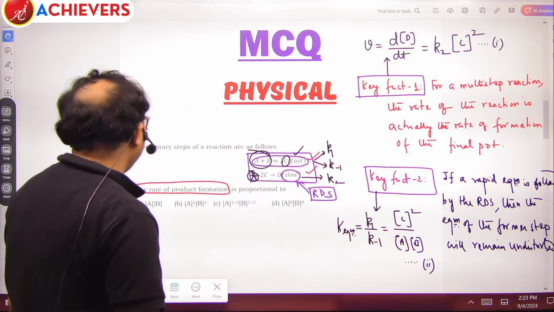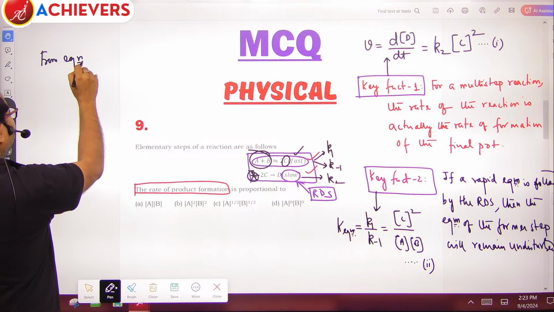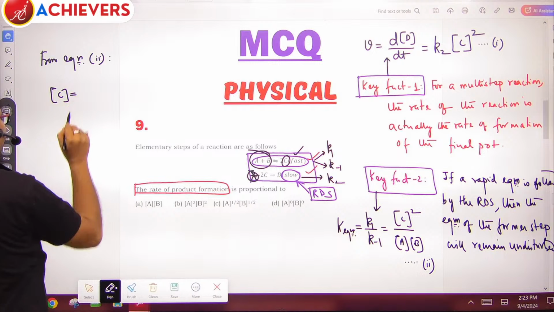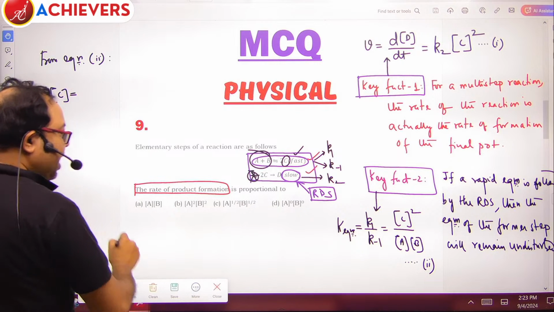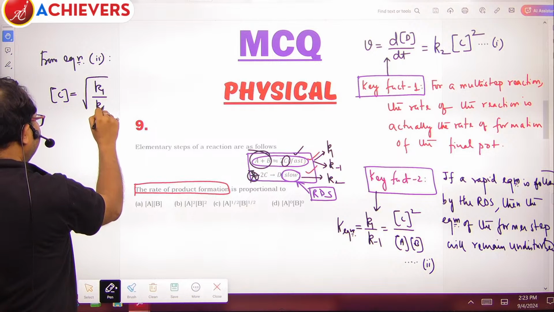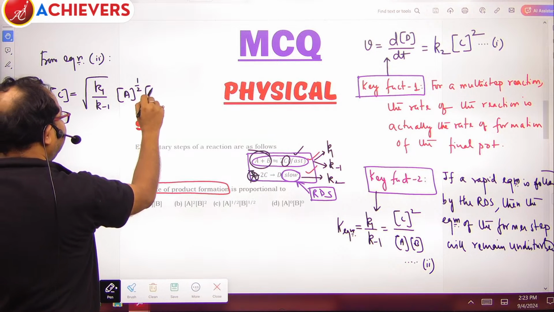From equation 2, you can easily write the concentration of C to be equal to the square root of K1 by K inverse 1 multiplied by concentration of A to the power half multiplied by B to the power half.